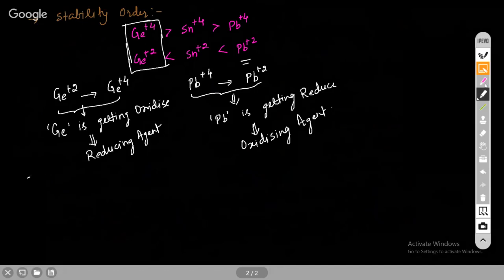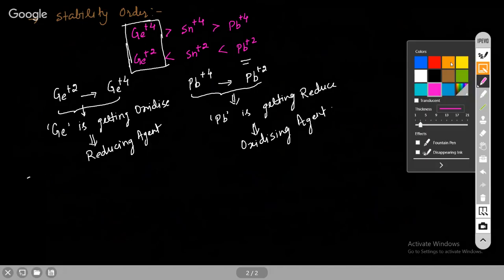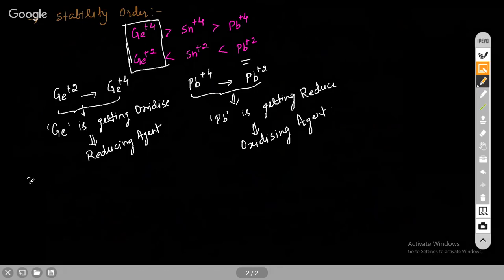So if I write down here, tendency to behave as a reducing agent will be more for germanium, then Sn, and then Pb.